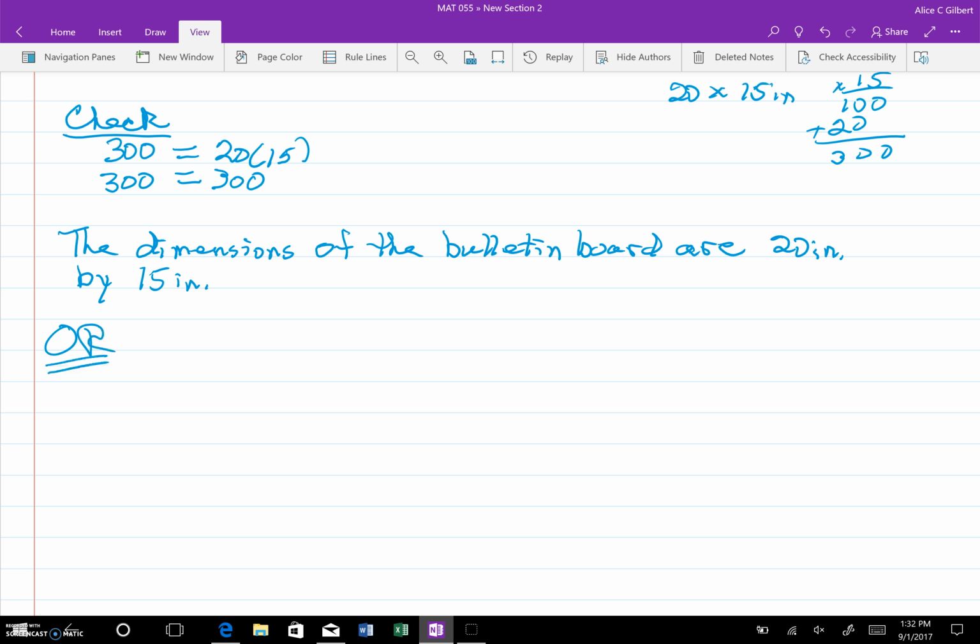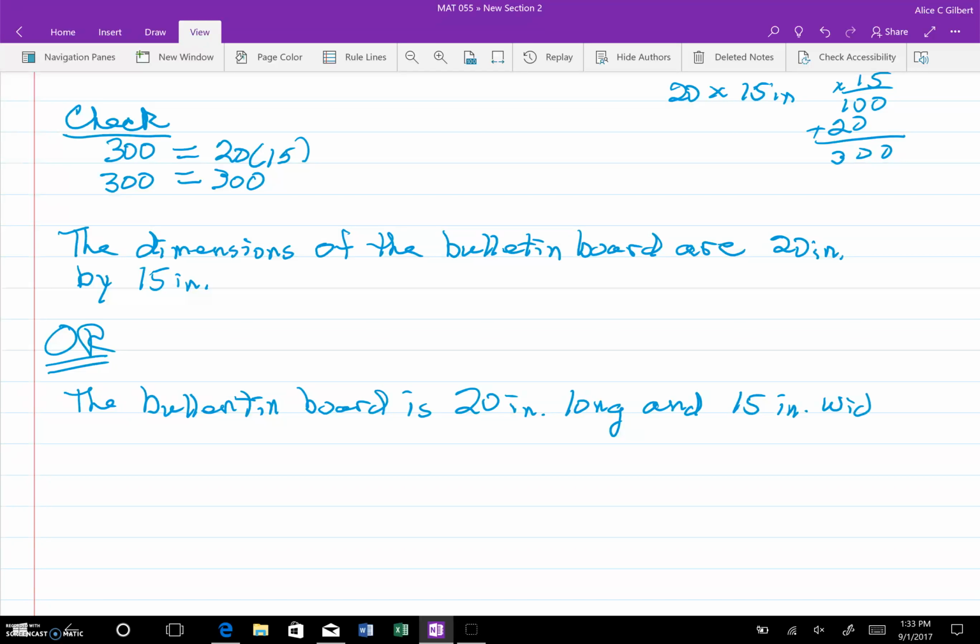Or I could write the bulletin board is 20 inches long and 15 inches wide.